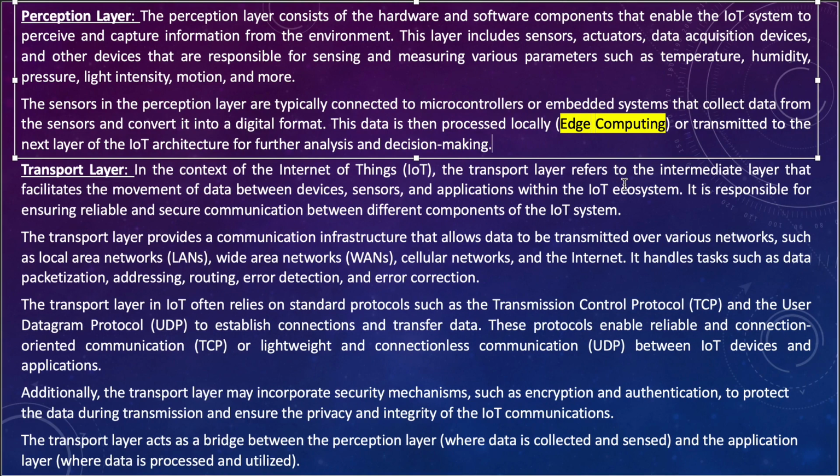So in the perception layer there is a little bit, not a huge amount of processing taking place, but enough processing to give some meaning to the raw data which is being extracted from the sensors, and to give commands from that data to actuators themselves, right?